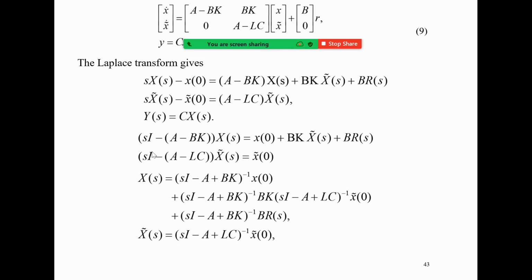We put this in corresponding to x tilde of s. Okay, and then we have another term. This one is the contribution from the reference signal R. So this is the expression of x in the s domain.